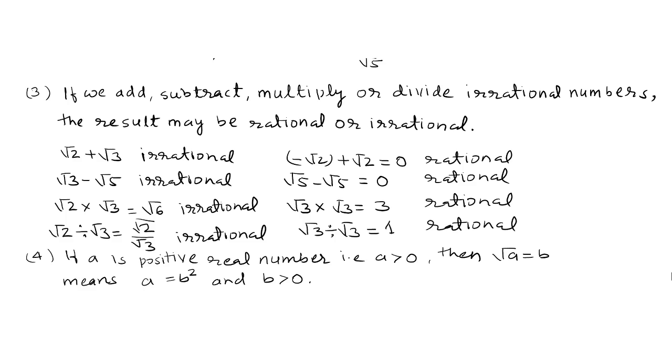If A is a positive real number, that is A is greater than 0, then root A equal to B means A equal to B square. When we square both sides, then root A on squaring we get A, and B on squaring we get B square. That is A equal to B square. It means that B is also greater than 0.